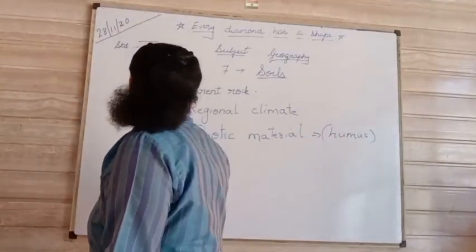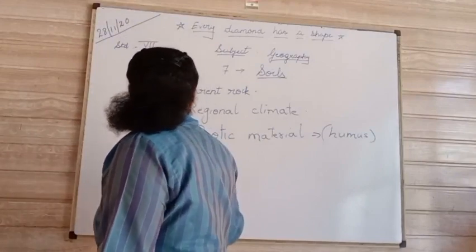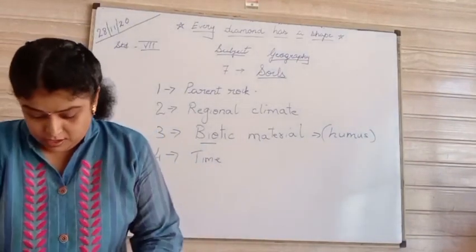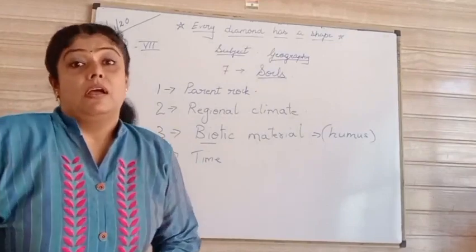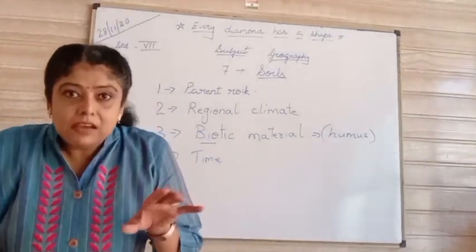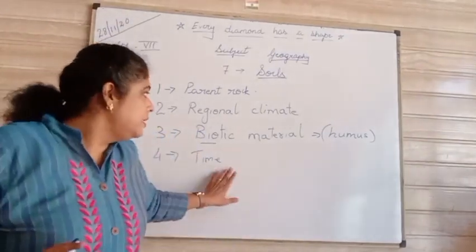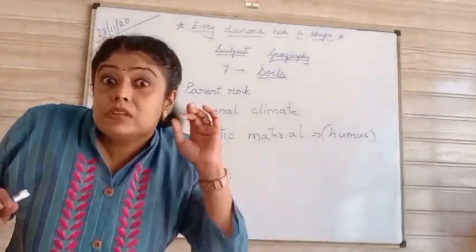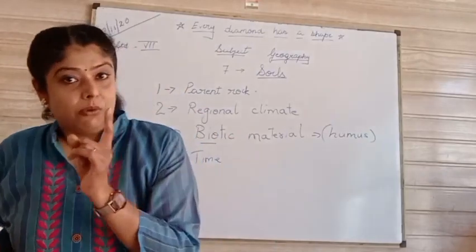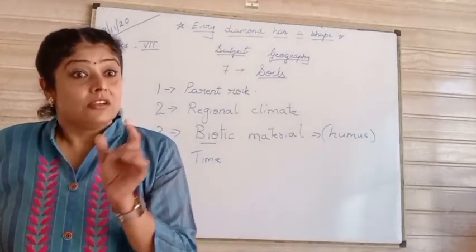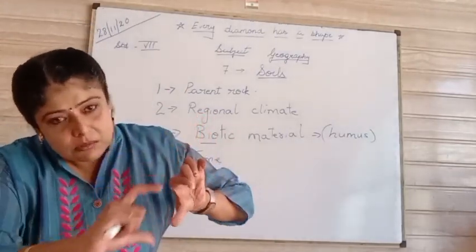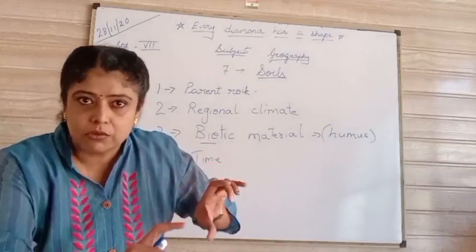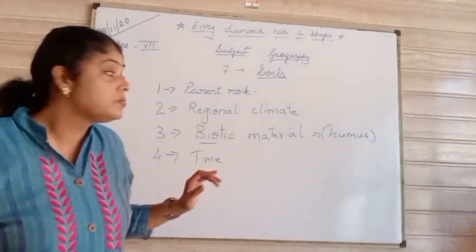The next factor is time. Now, a 2.5 centimeter layer of soil takes around 1,000 years to be formed.